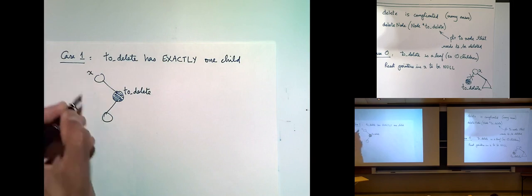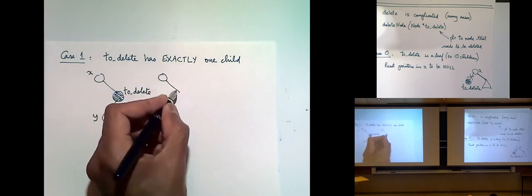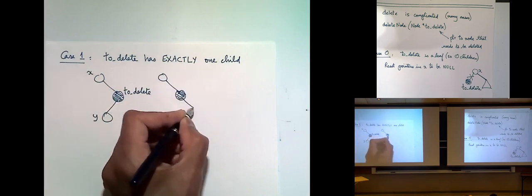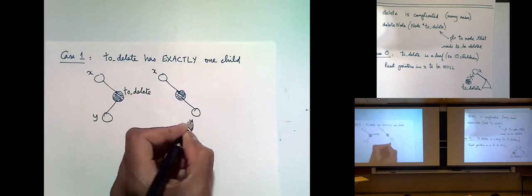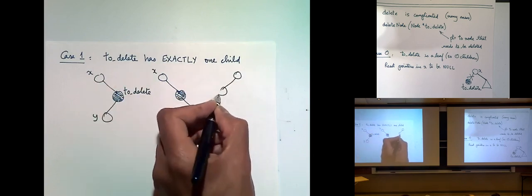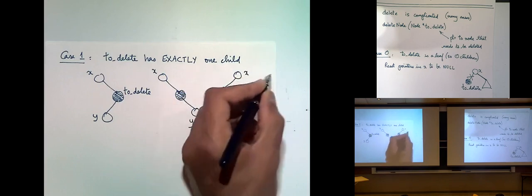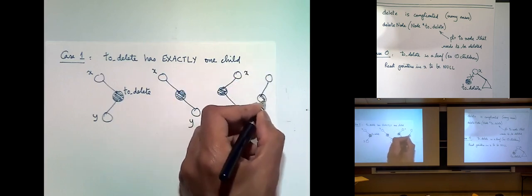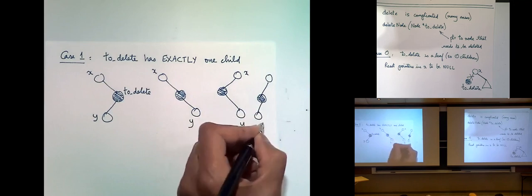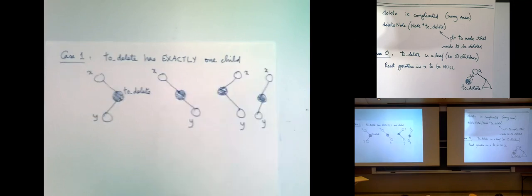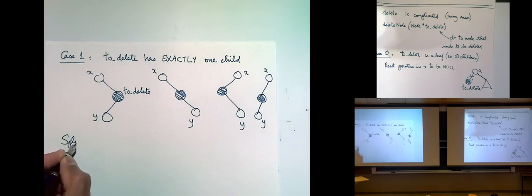So here's x, y. It could look like that. X, Y. It could look like that. Okay? But you'll see that in each of these situations, what you can do is you can splice the node.